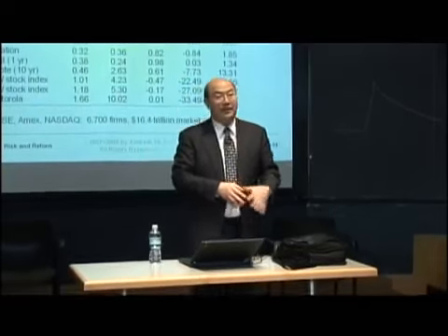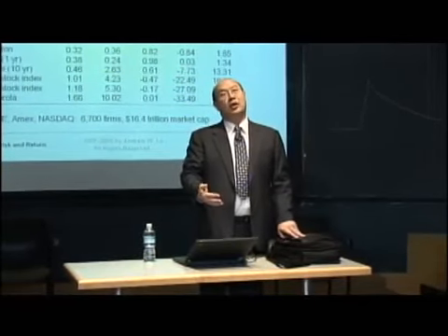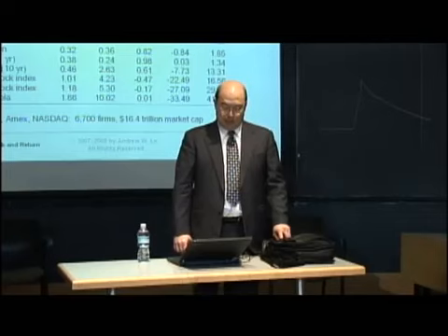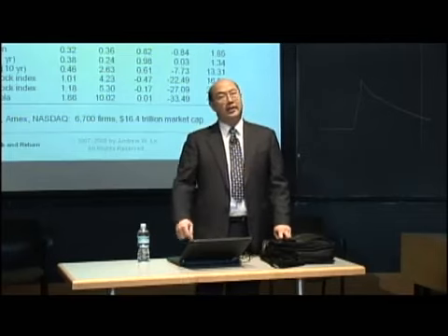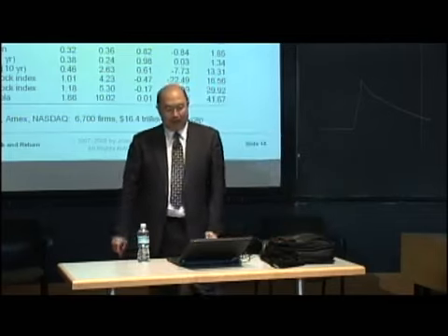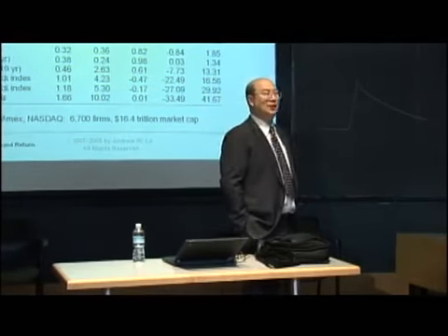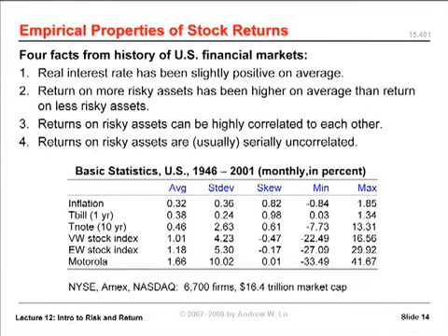And you can see that the value weighted stock market over this period is about 1% per month. The equal weighted stock market, EW, is a little bit higher, 1.18. And Motorola over this period had an expected rate of return of about 1.66% per month. So the return has been higher for these indexes.